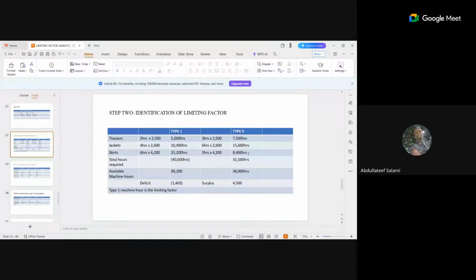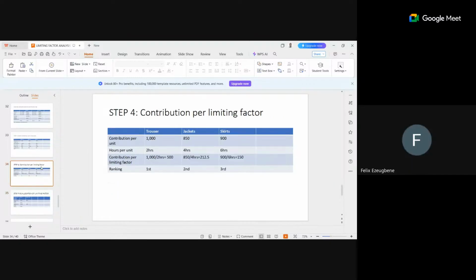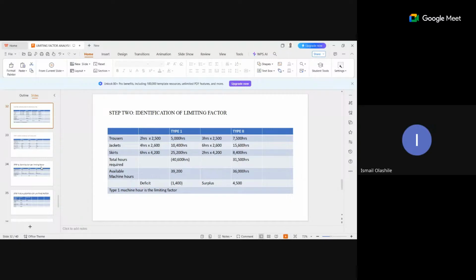It's 4,200 units times 6 hours, which is 25,200 hours.